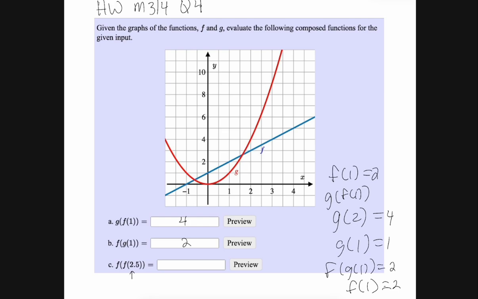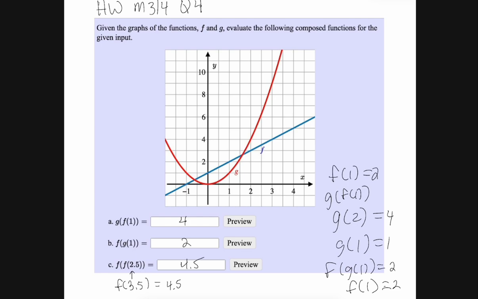So this here is 3.5. Now we go to the f function again at 3.5, and I think the answer is probably 4.5. So that hopefully will help you with that particular question.